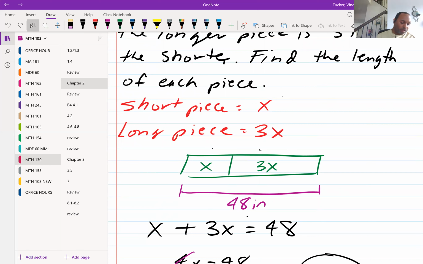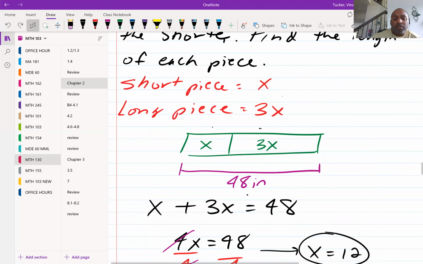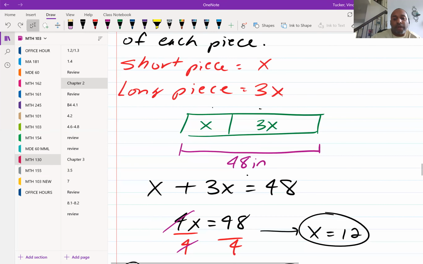All right, any questions before we go any further? So now we can go ahead and solve that. x plus 3x is 4x.